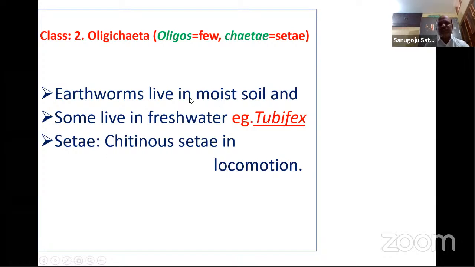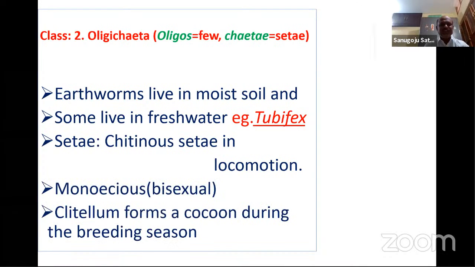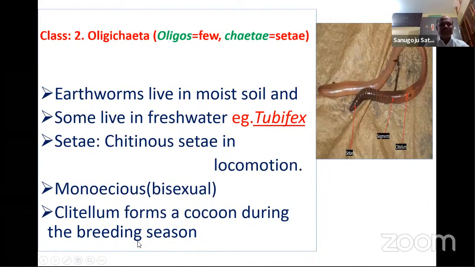They are very much useful for cultivation. That's why earthworms are otherwise called the farmer's friends. The setae are chitinous and useful for locomotion. These are monoecious or bisexual. The clitellum forms a cocoon during the breeding season.